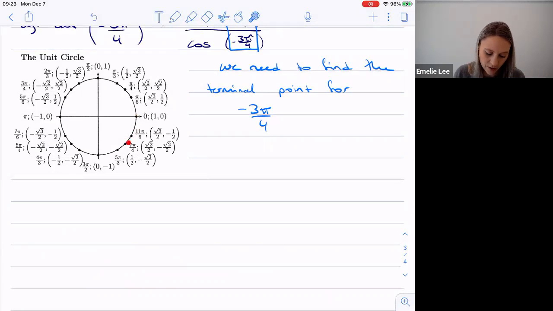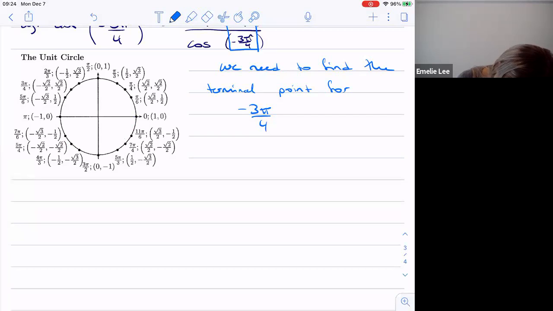So pi over 4, those are the quarter wave marks. So here, negative pi over 4, negative 2 pi over 4, negative 3 pi over 4 is the same as 5 pi over 4. Okay, so here's negative pi over 4.